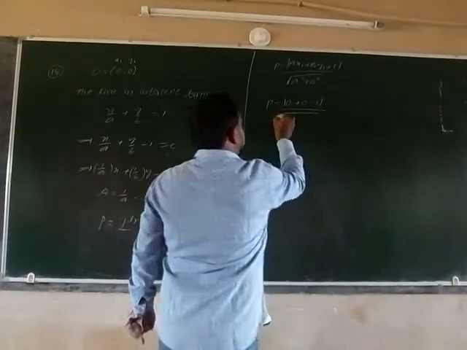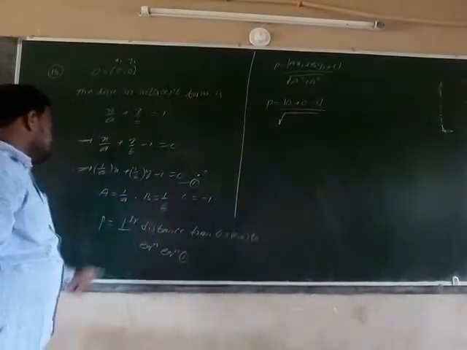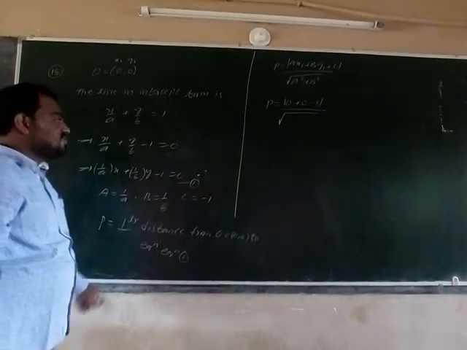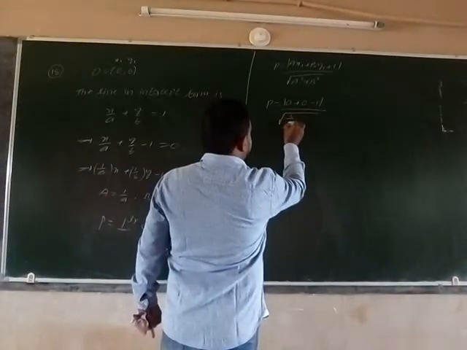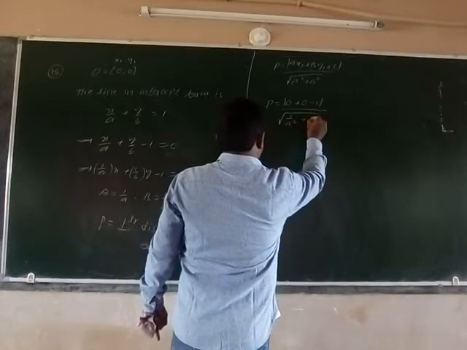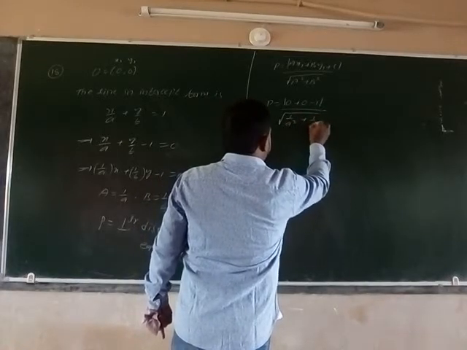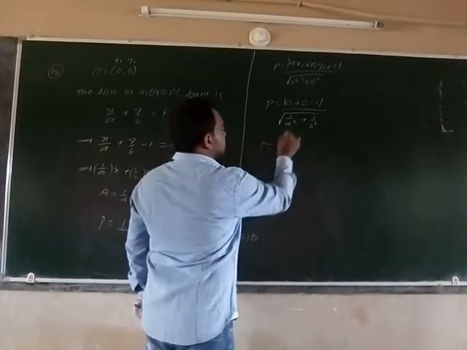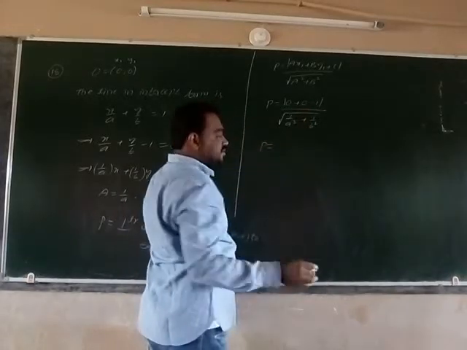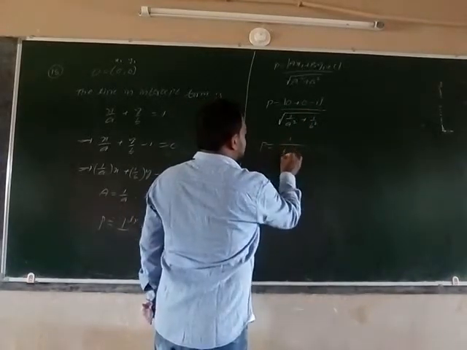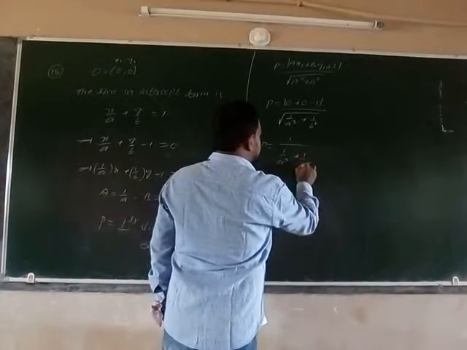Divided by the square root of a square, which is 1 by A square, plus b square, which is 1 by B square. So P is equal to the modulus of minus 1, which is plus 1, divided by the square root of 1 by A square plus 1 by B square.